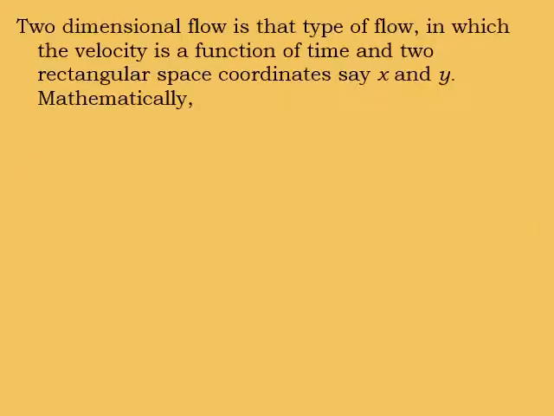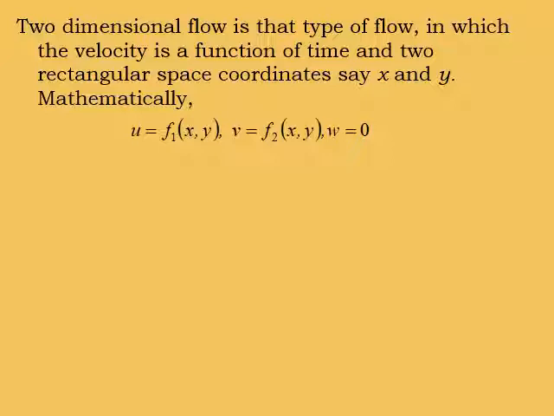Two-dimensional flow is that type of flow in which the velocity is a function of time and two rectangular space coordinates, say x and y. Mathematically, u is the velocity in the direction of x, and v is the velocity in the direction of y.